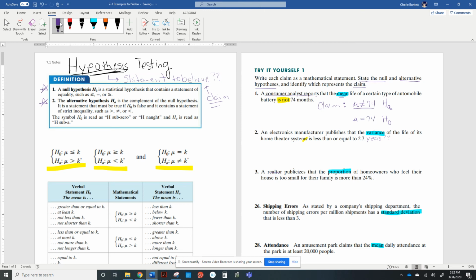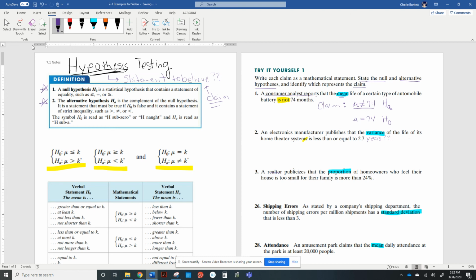Okay, so we've got the claim. The claim is that the mean is not 74 months. Since the claim is not, it has a statement that does not contain equality, we label it the alternative. And then we write down a statement that's the opposite of this one. These two are the opposite of each other, and that's going to be the null. Notice it involves an equal sign, so that's why we call it the null.